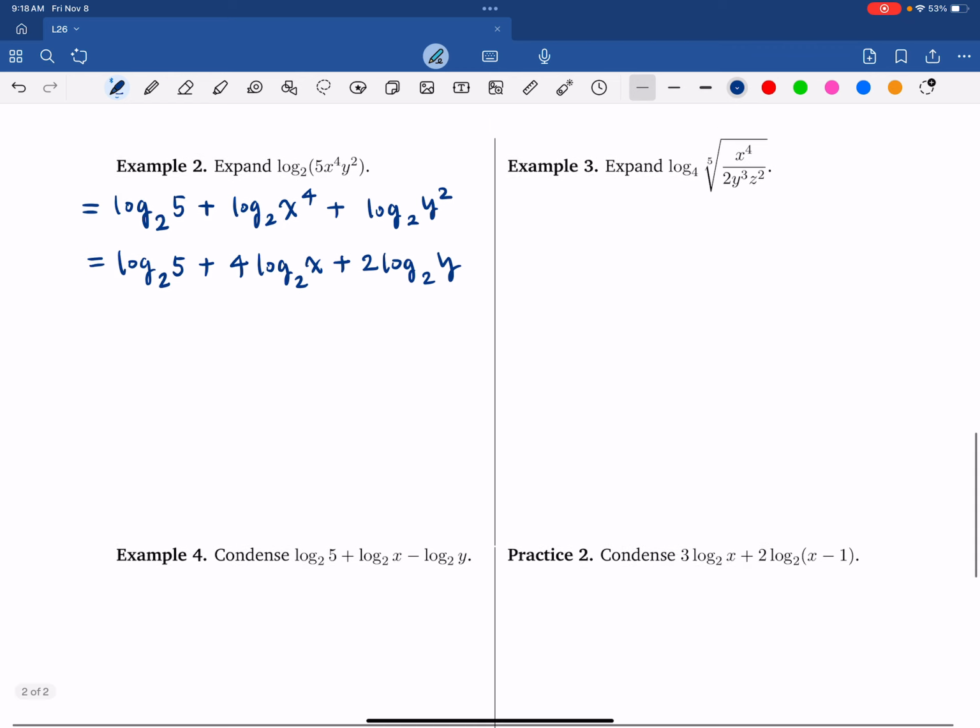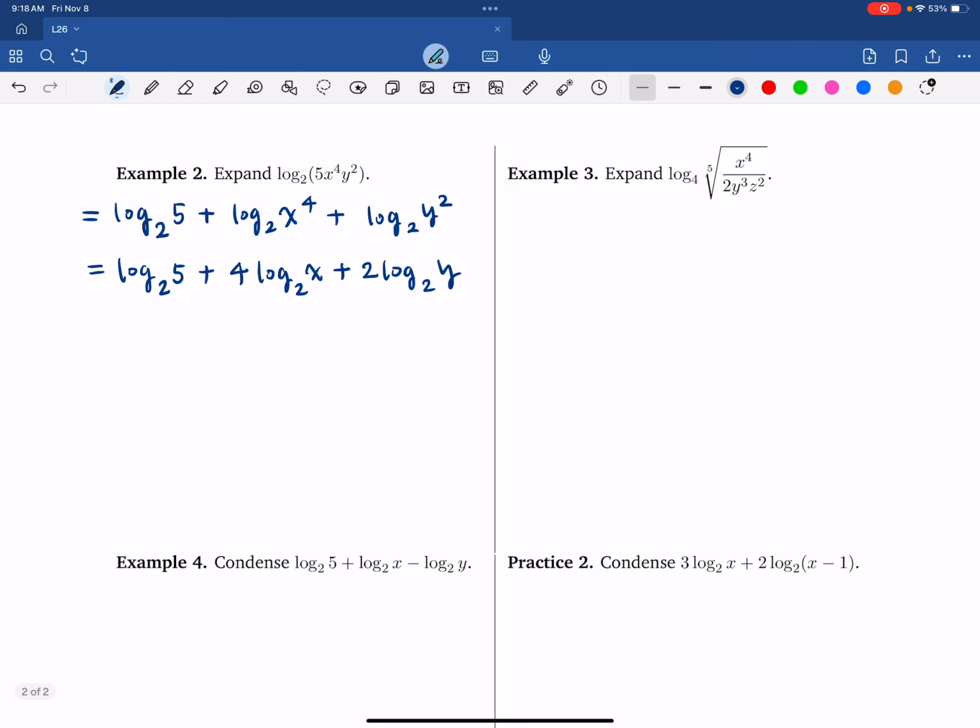And then for example 3, this one is a little bit too complicated, so I'm going to skip this one. But if you are curious, I can give you the final answer. It is definitely a challenge, but I think it's not really required for you guys. However, if you do want to know the final solution, this is the final expanded form.